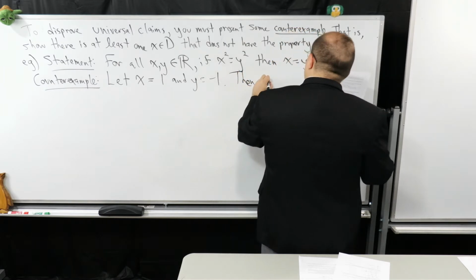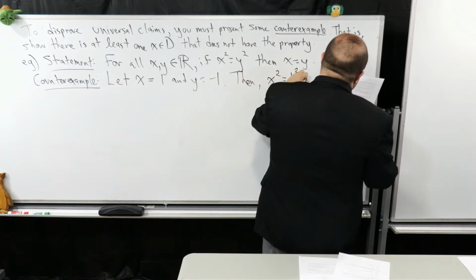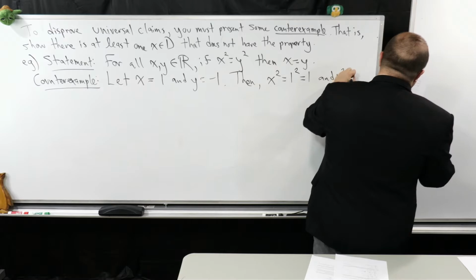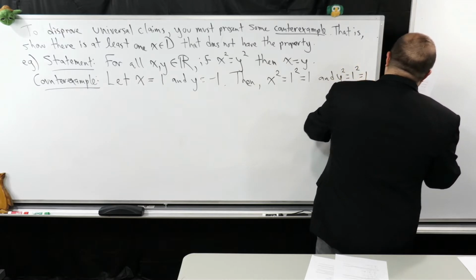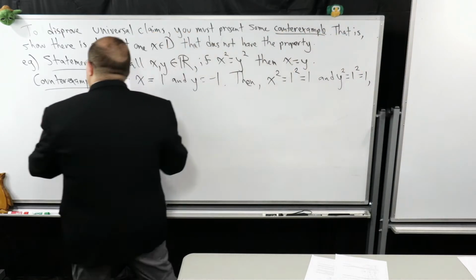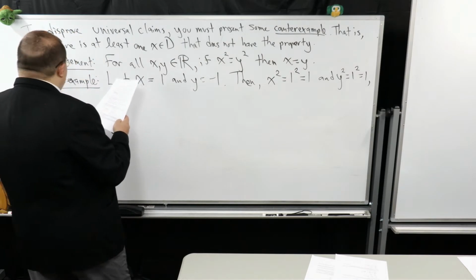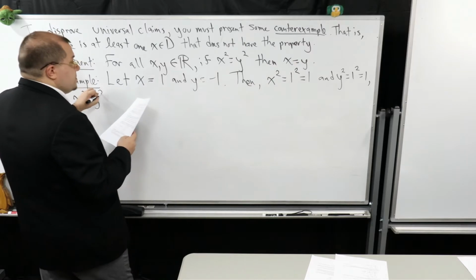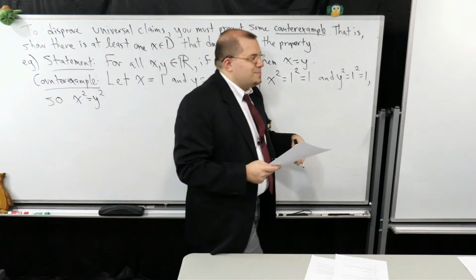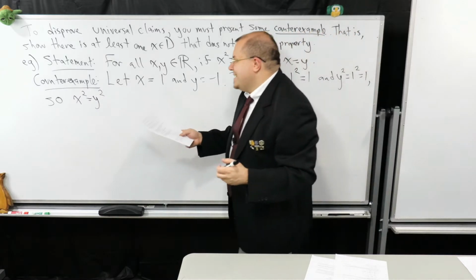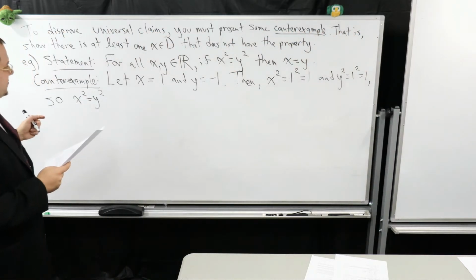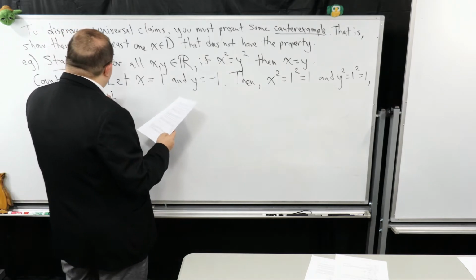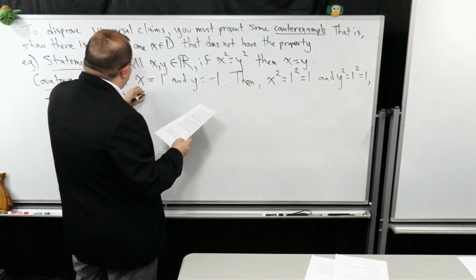Then x squared is equal to 1 squared, which is equal to 1. And y squared is equal to (-1) squared, which is equal to 1. So x squared is equal to y squared, right? 1 is equal to 1, right? Trivially. It's identity. But what does that mean? But x is not equal to y, right?